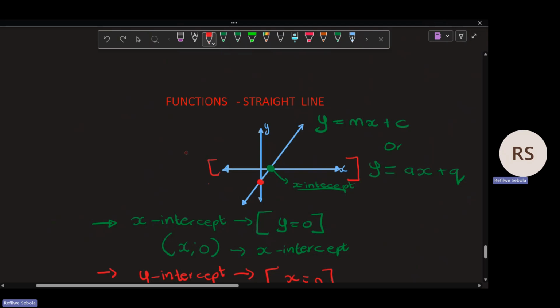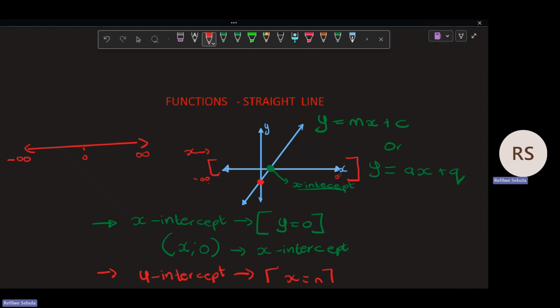So we can have negative infinity on this side, and if this is 0, we have positive infinity on this side. The domain will include everything on this.